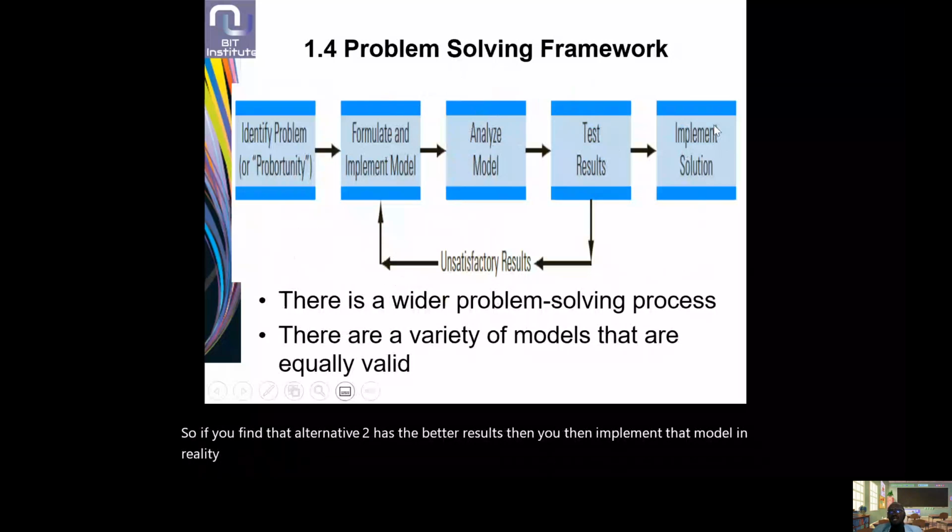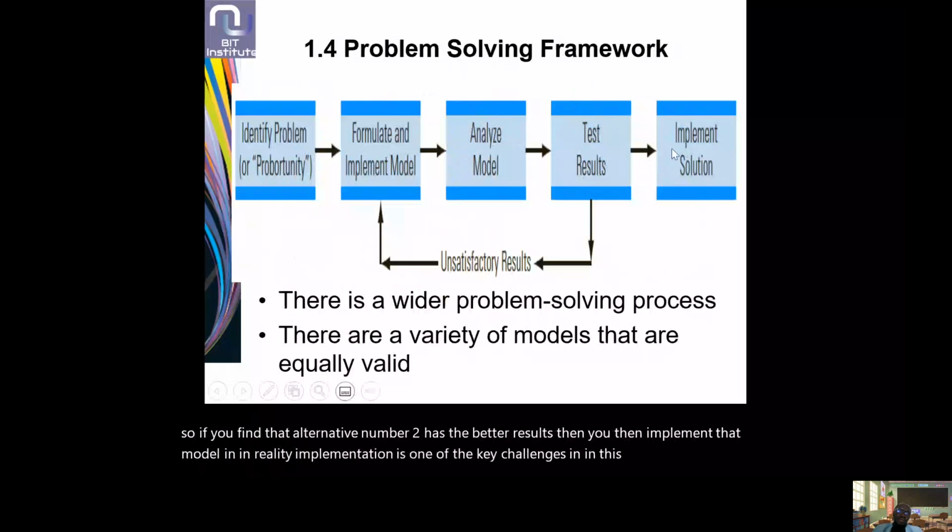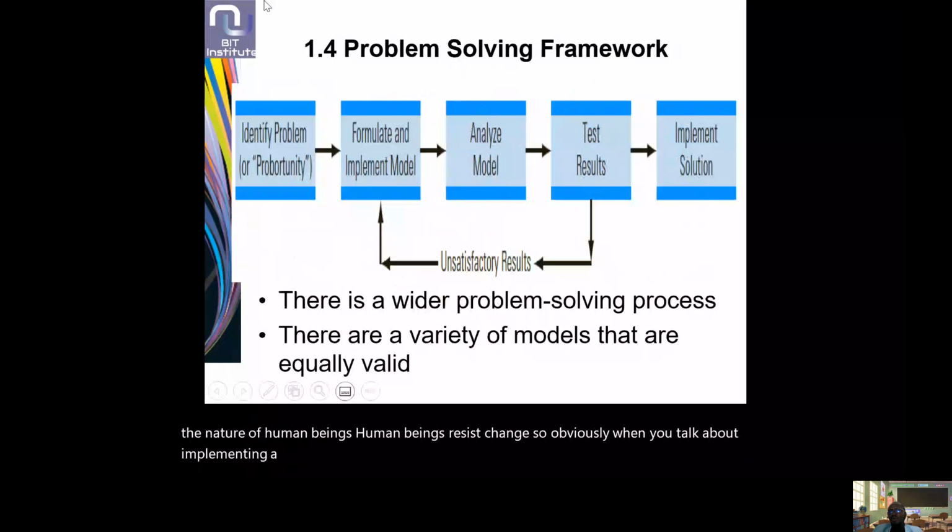Implementation is one of the key challenges in this process. And this is particularly linked to the nature of human beings. Human beings resist change. So obviously when you talk about implementing a solution, you are moving people away from what they know to a new thing, right?